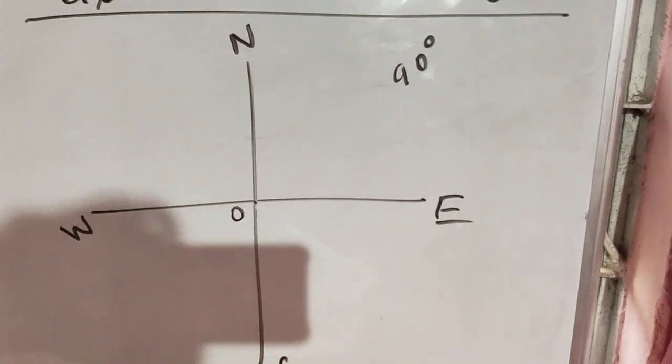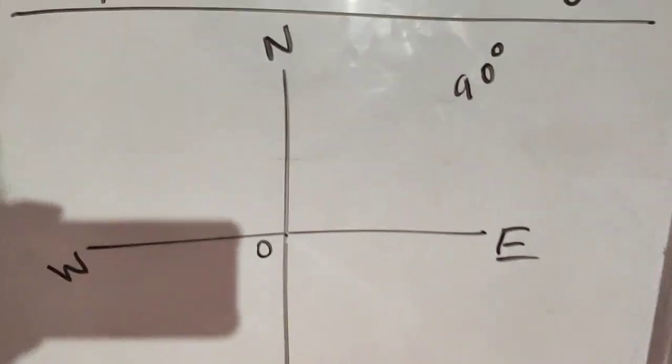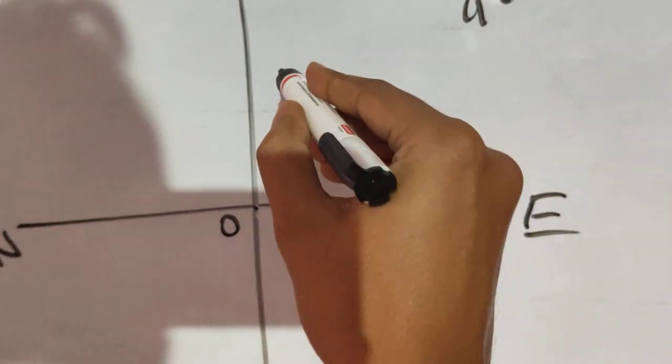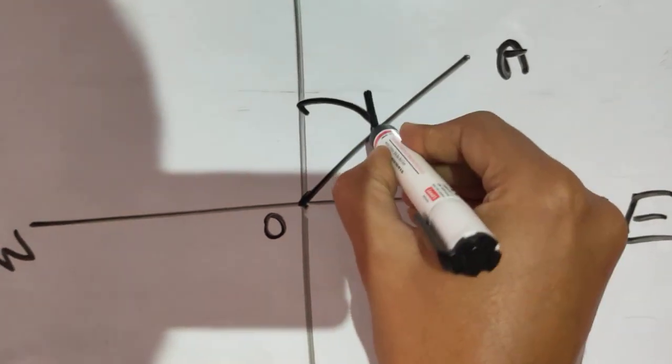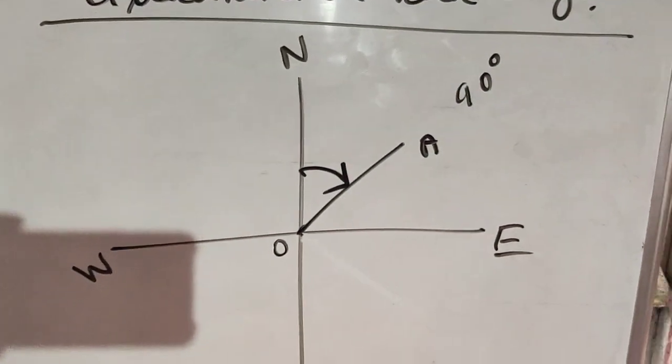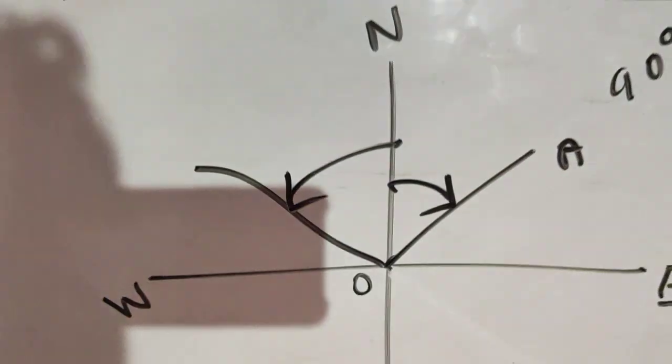Another very important thing is that in whole circle bearing method, we measured the angles only in clockwise direction. Suppose this is the line OA. But here we can measure the line both in clockwise and anti-clockwise direction.